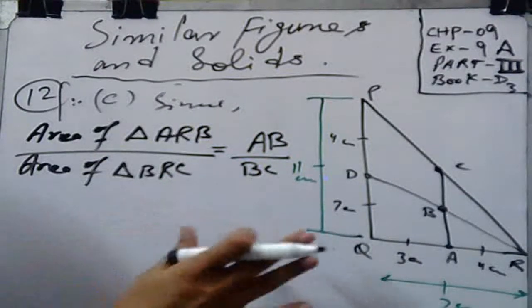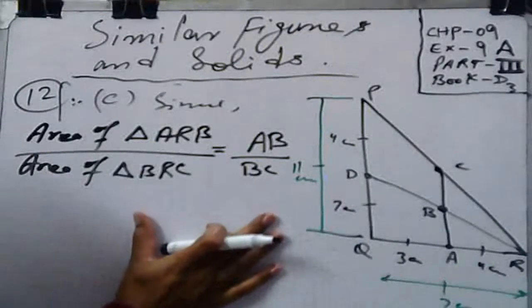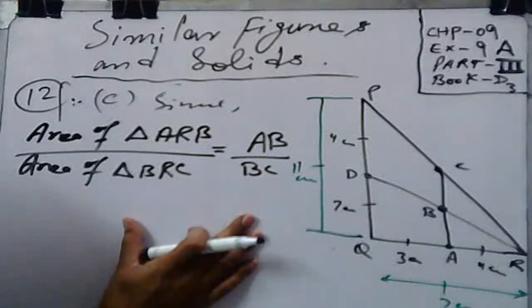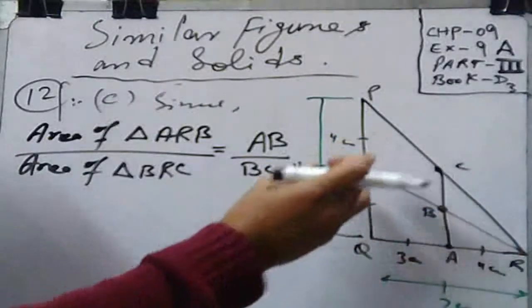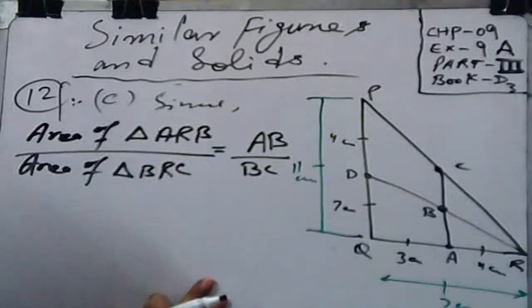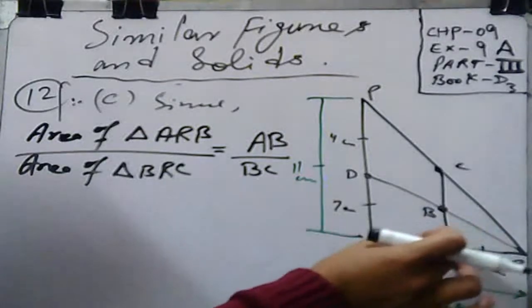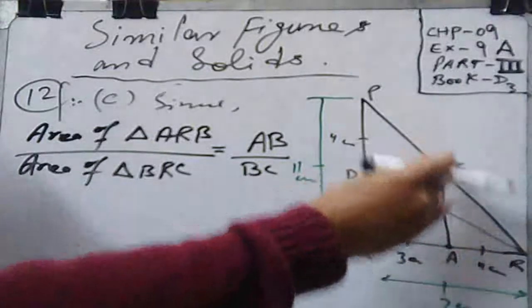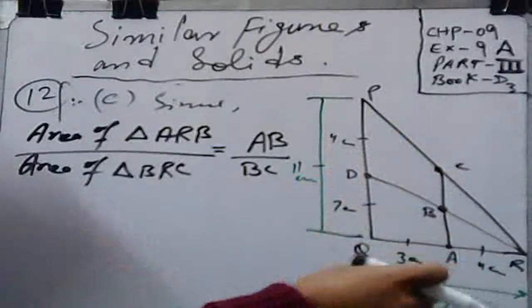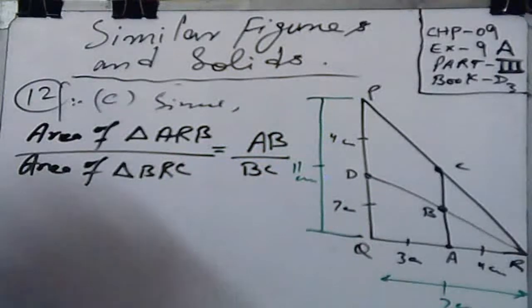Because when you have a common height, as height is common for both the triangles, the bigger one and the smaller one, similarly ARB, this small triangle, and BRC, the same height on the same side, we cannot take the square.